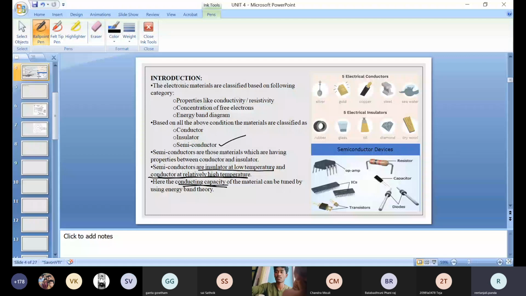Okay, telecommunication, starting from your satellite communication or transmission to your television, mobile phones, laptop, anything you consider, this semiconductor is going to play a very vital role. Without this semiconductor, you cannot imagine even all these materials, all these things we are using right now.